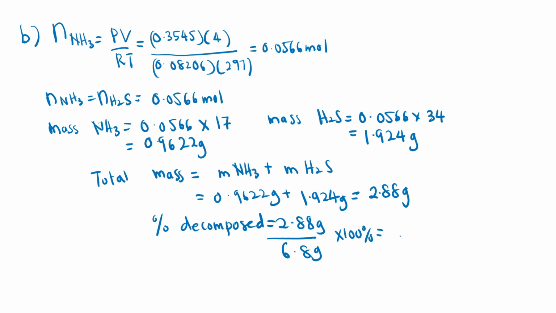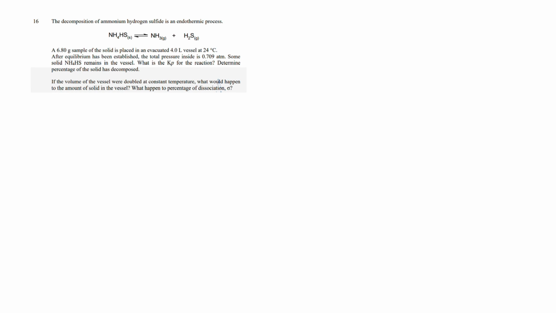So we got 42.35%. Okay, next. Okay, kita dah kira Kp, kita dah kira percentage solid decomposed. So if the volume of the vessel were double at constant temperature, what will happen to the amount of solid in the vessel and what happen to the percentage of dissociation alpha.